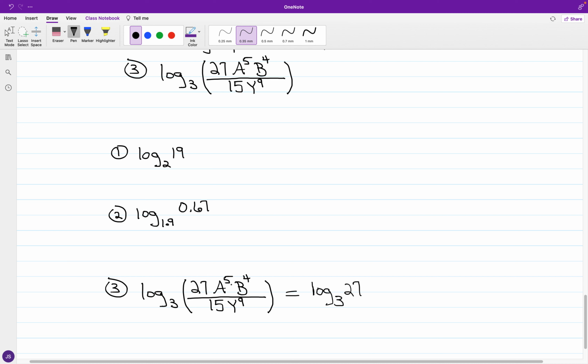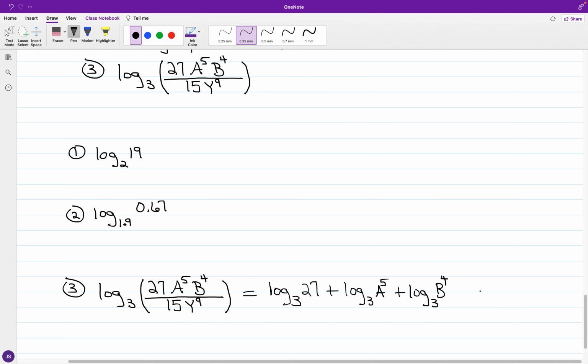Of 27, okay, and a to the 5th we have also at the top, so we can say we have plus the base 3 logarithm of a to the 5th, and with b to the 4th also at the top, you can say we have plus the base 3 logarithm of that expression, and with both 15 and y to the 9th in the denominator.